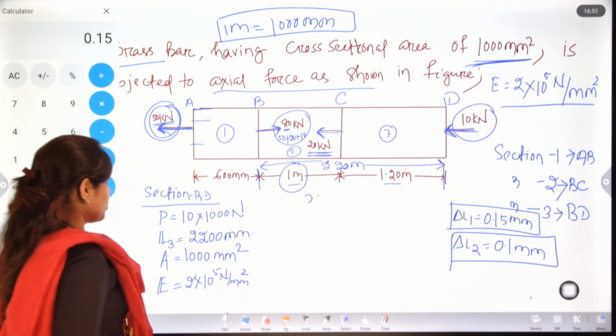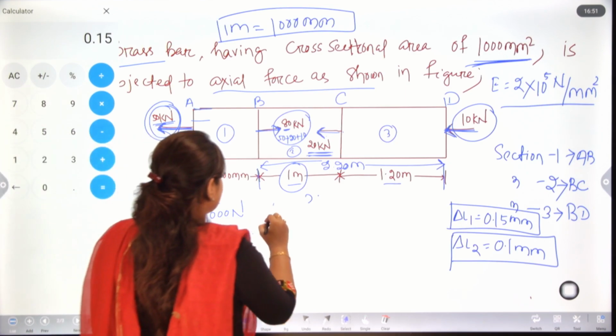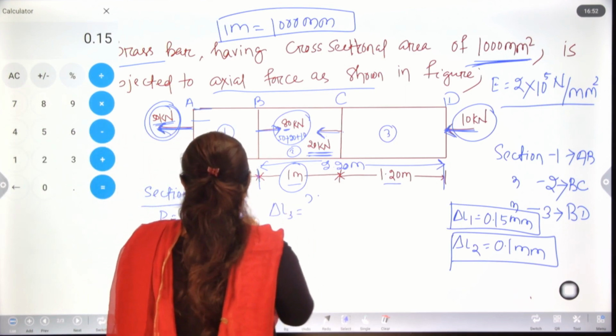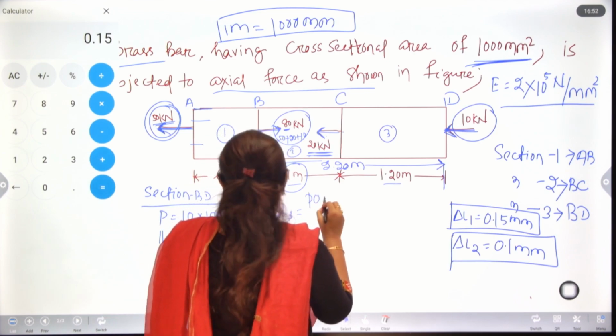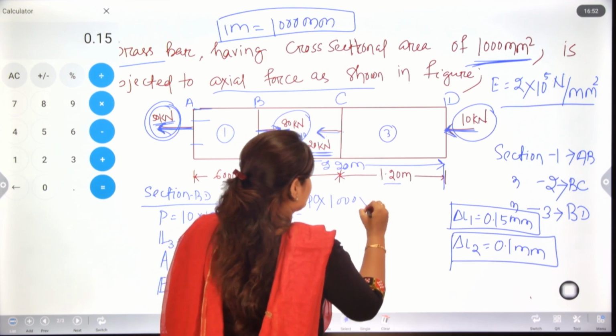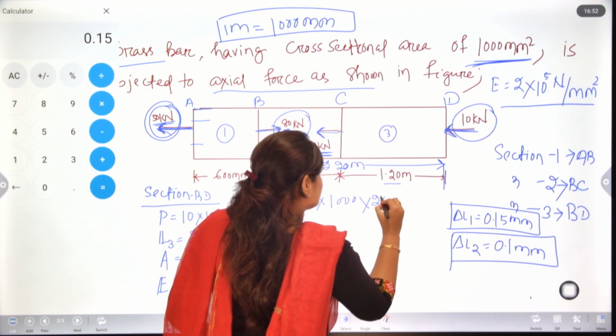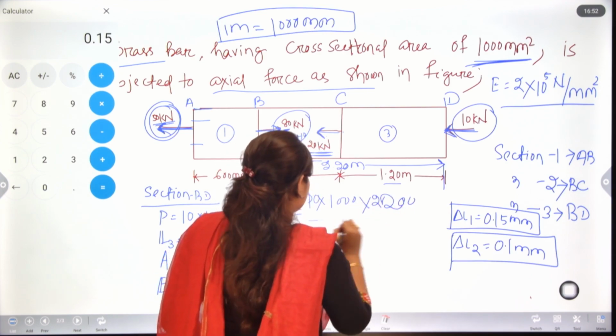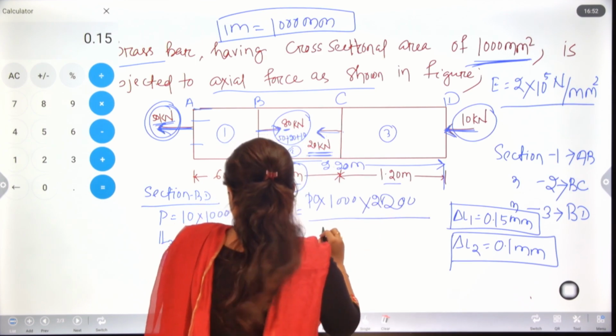So, likewise we will calculate del L3, that is PL divided by AE.